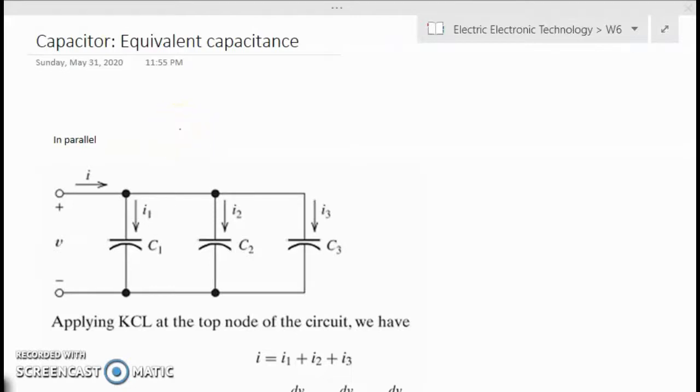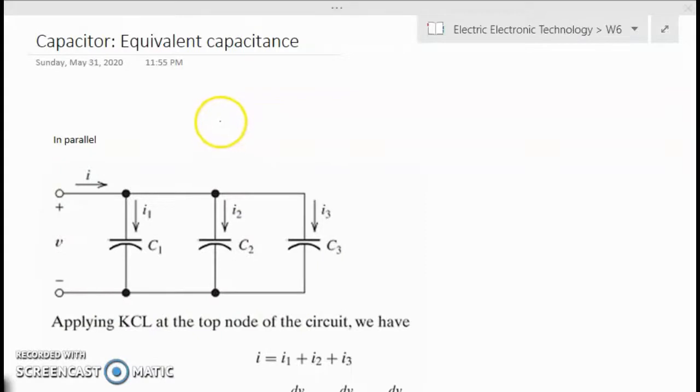What we need to do is simplify them into an equivalent resistance. The same thing applies for capacitors. Imagine we have a bunch of capacitors arranged in a certain configuration, and we need to find an equivalent single capacitance. Here we're going to look at how we do that.